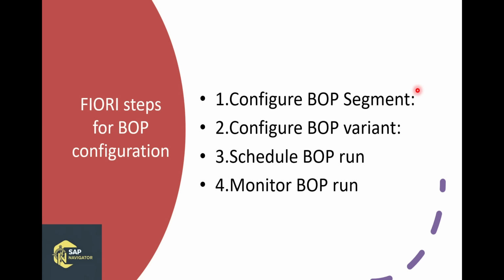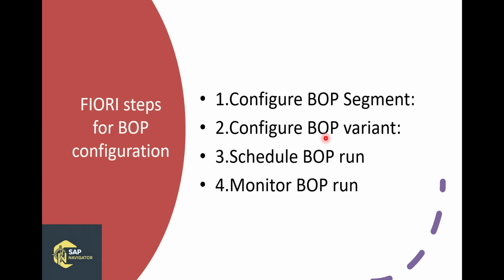Inside the segment we give the prioritization rules, a combination of which combinations will apply to which strategy. Once you create the BOP segment, you create the BOP variant, clubbing all the BOP segments. A BOP variant is just like creating a variant for batch jobs.